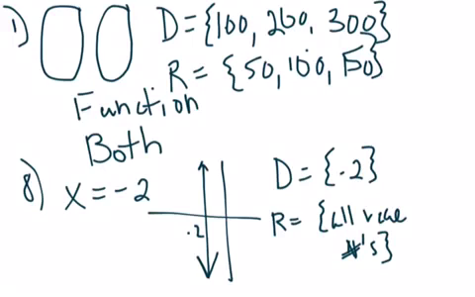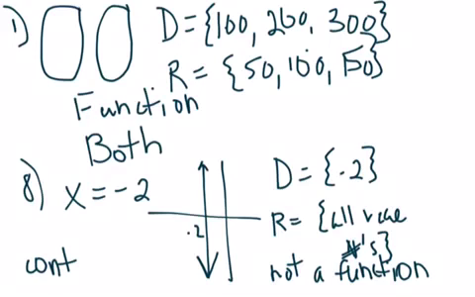This one is not a function because it fails the vertical line test. Or you can say that the x repeats with each point. This one is also continuous, which is something they did not ask us at the top of the page. And this one's continuous because it forms a solid line. It's not just a set number of points.